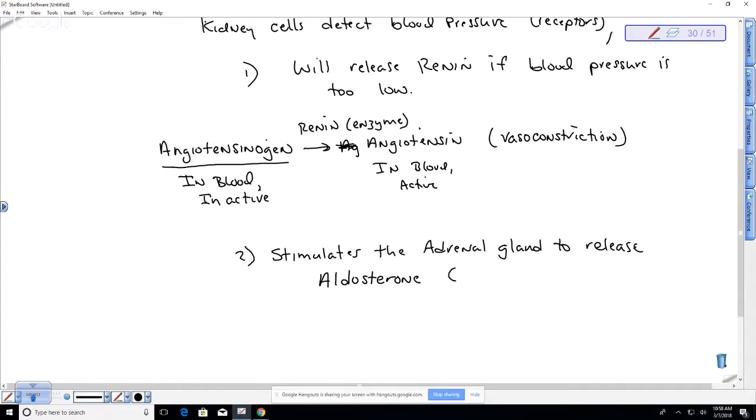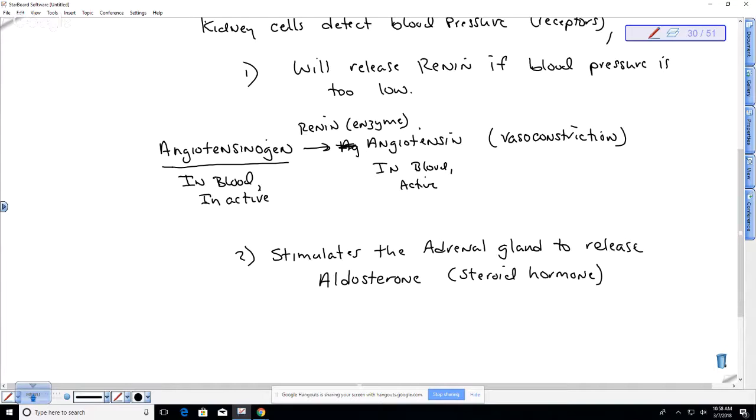This is a steroid hormone, so just think sterone, right? It is a hormone that is going to affect the kidney.